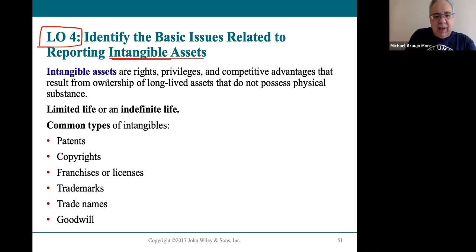So intangible assets is really about the government recognized ownership for an individual or a company, right? Being a right or a privilege or an advantage that you own, either an invention, so a patent is government recognition of an invention.